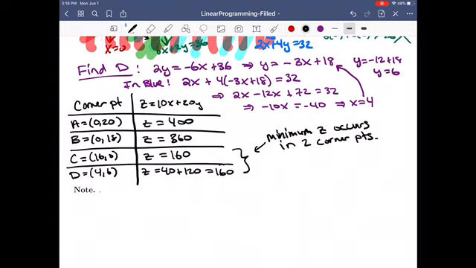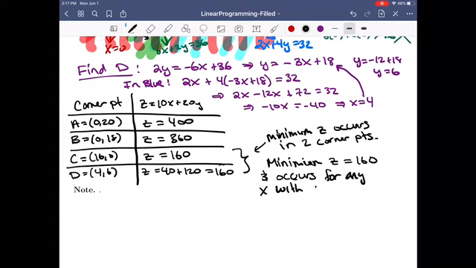The way that we write our solution would be: the minimum z is 160 and occurs for any x value with x between 4 and 16.